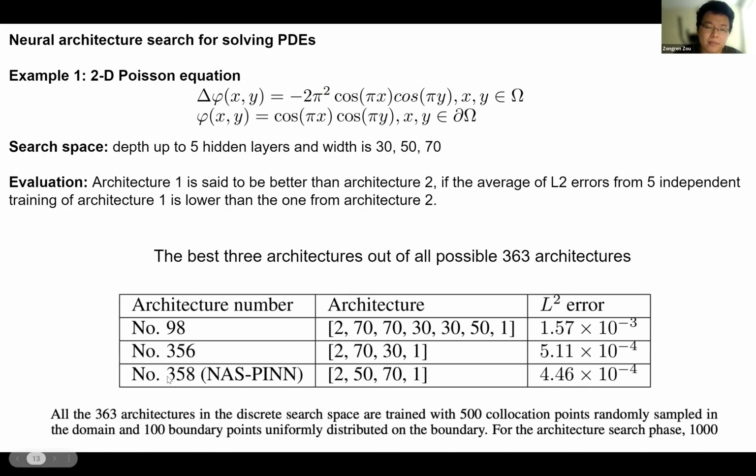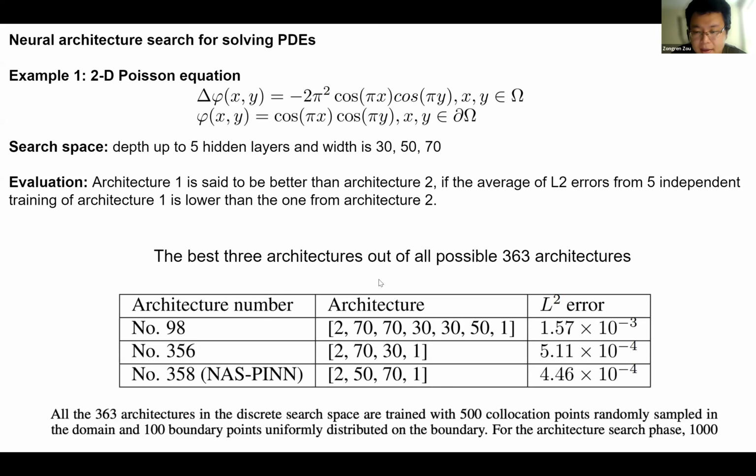They claim that the NAS-PINN found the best one, which is not the deepest nor the widest, and it has the lowest L2 error, so it shows that NAS-PINN can deliver the best architecture.